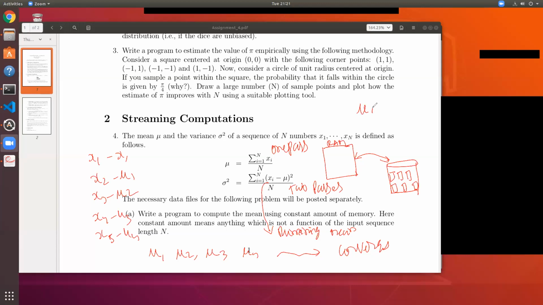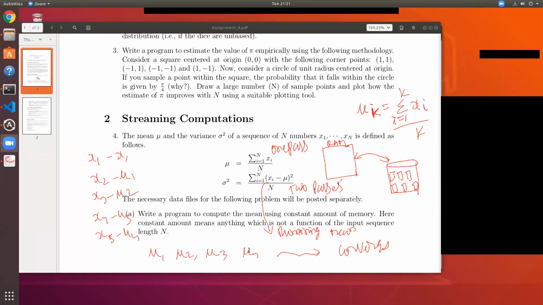So let's say mu k is equal to sigma i is equal to 1 to k of xi, divided by k.